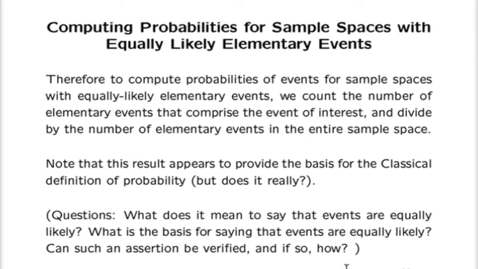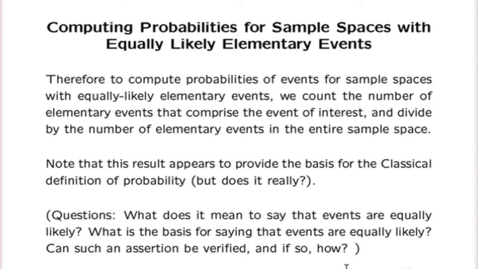Therefore, to compute probabilities of events for sample spaces with equally likely events, what we do is we count the number of elementary events that comprise the event of interest and divide by the number of elementary events in the entire sample space.